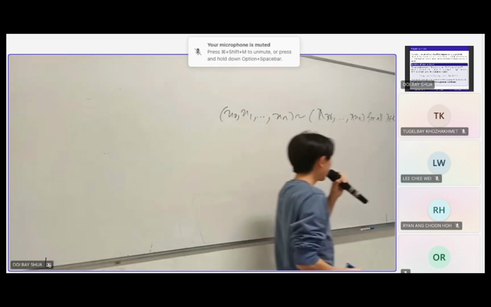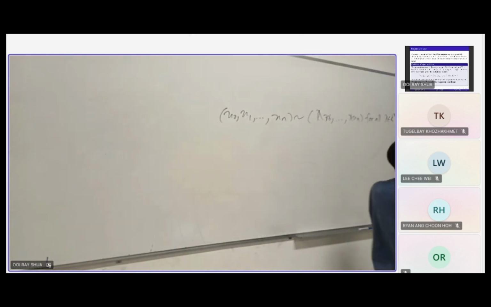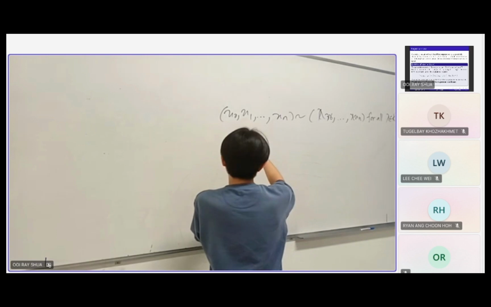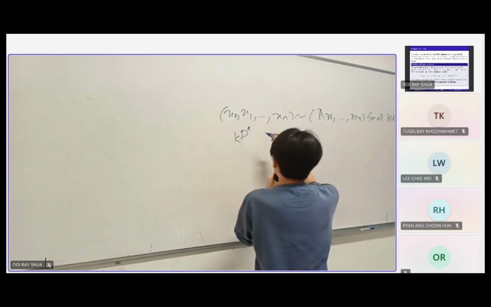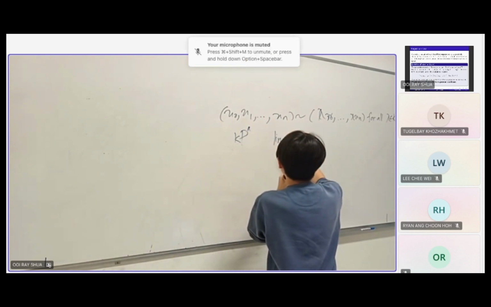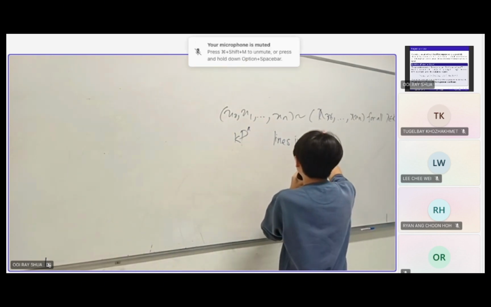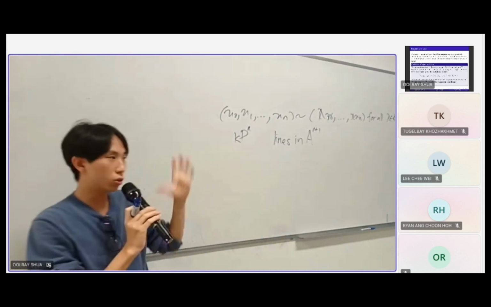So in a projective space, a point in projective space is actually a line. For KP^n, the points in here are actually lines in your A^(n+1). So we add one dimension to the space.